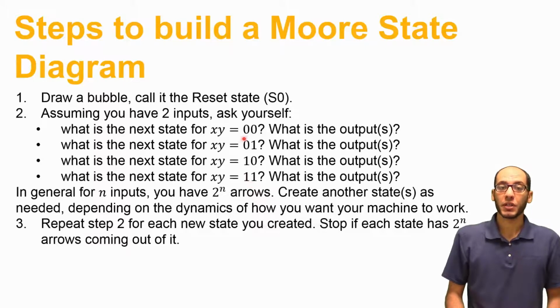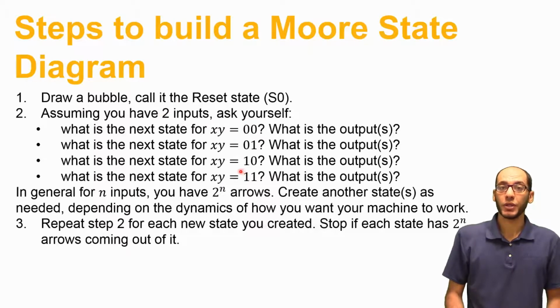You need to ask yourself what the next state is and what the corresponding output of that next state is going to be. You need to repeat this question for every single input at that particular state and create states whenever needed. In general, if you have 2 inputs, then you have 4 arrows.